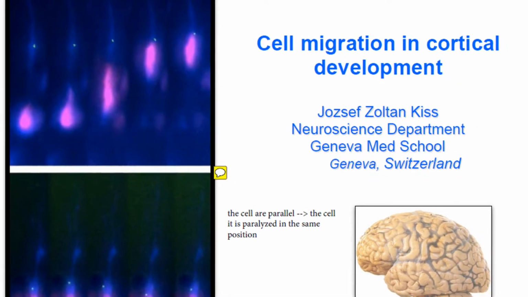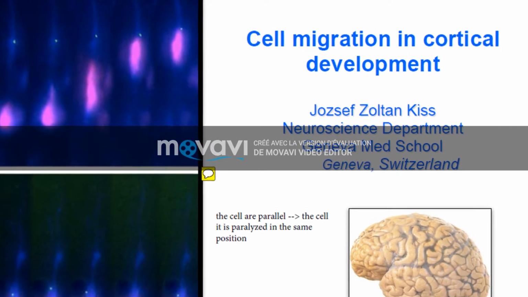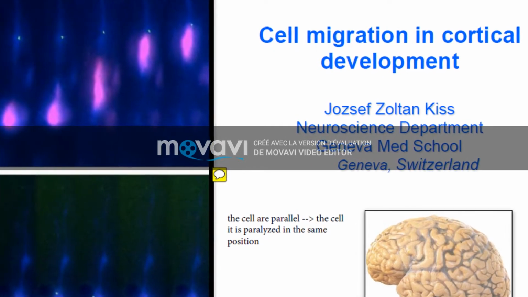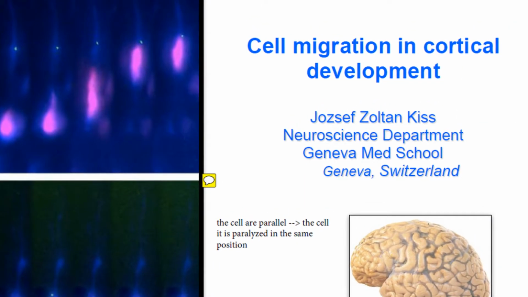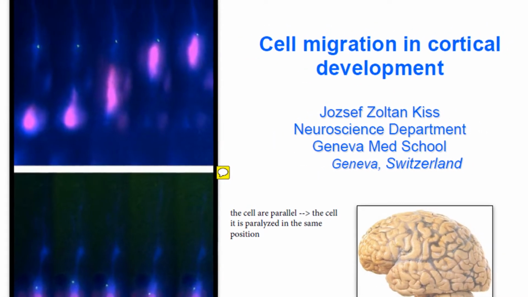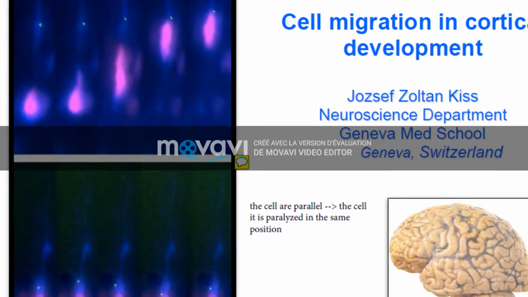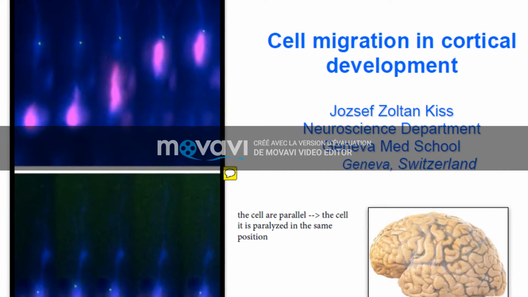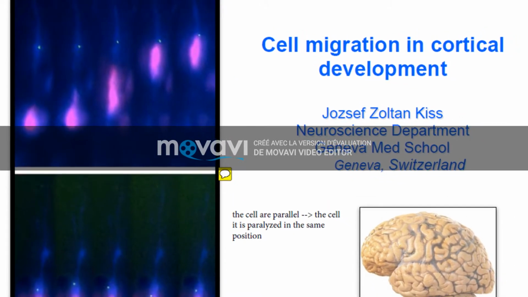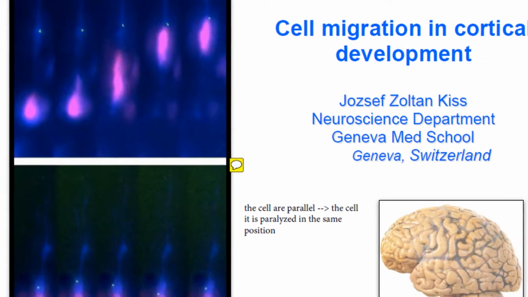That is to say, we establish the excitatory neuron architecture of the layers, and then we insert new and new GABAergic neurons according to the needs to get an equilibrium of inhibition and excitation. So GABAergic migration goes on even around birth, while pyramidal migration and generation is a very early event. This is just a paper in which they show this crazy migration of GABAergic cells even in newborns.